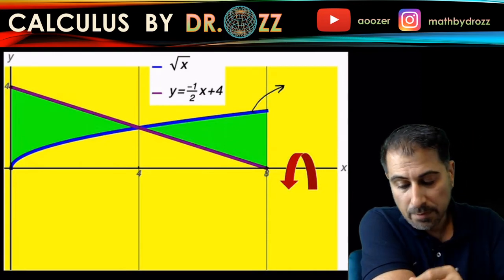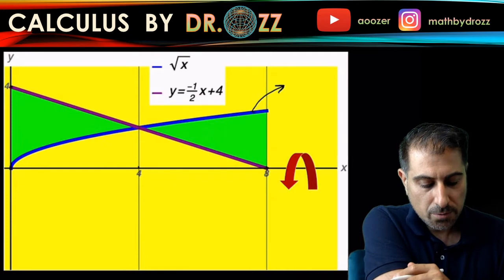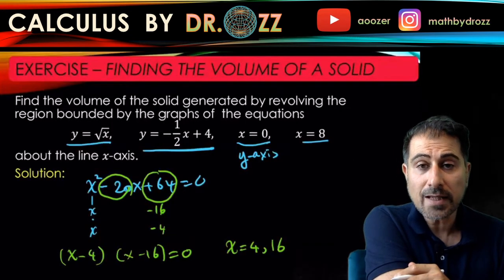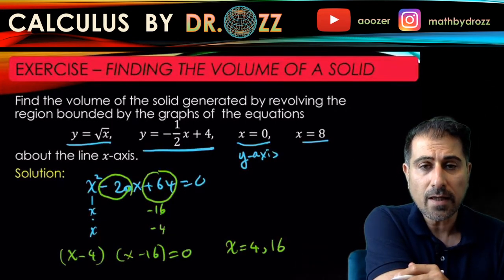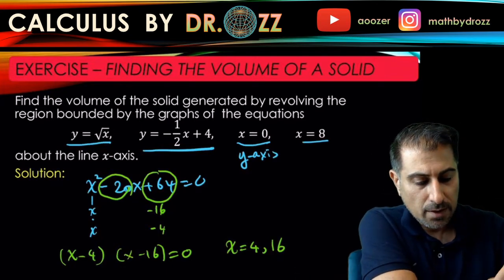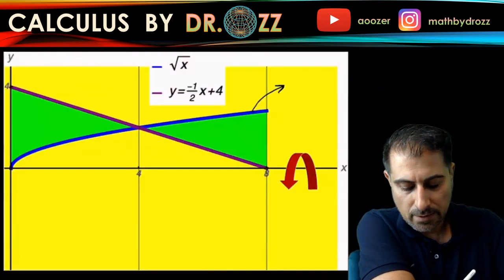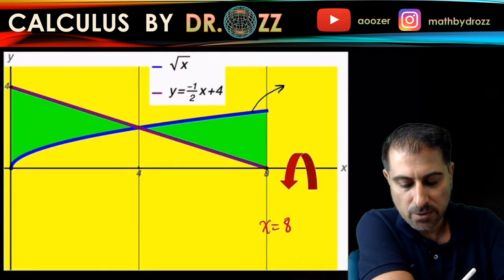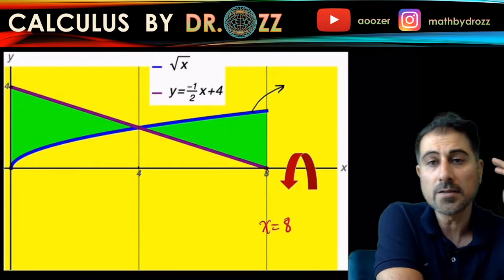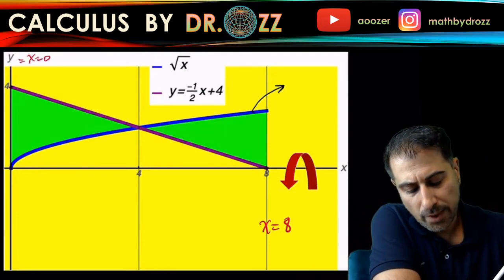But in the problem statement, we are given that the region should be in between y equals radical x, the line, and the y-axis, and the vertical line x equals 8. Here we go. This is our x equals 8 vertical line, and this is our y-axis, which is x equals 0. Okay, and 4 is the only intersection point.